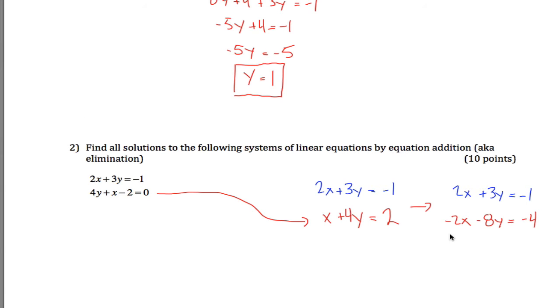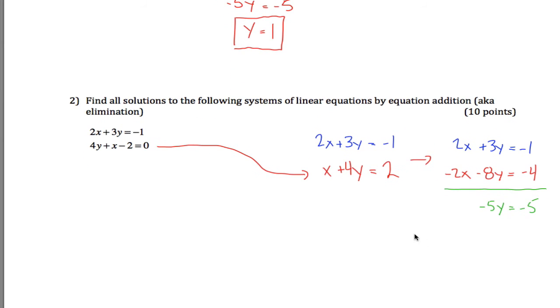Then when I add these two equations together, 2x and negative 2x cancel out. I won't be left with any x's. 3y and negative 8y gets me negative 5y. Negative 1 and negative 4 gives me negative 5. Now if I divide both sides by negative 5, I get y equals 1, which I had seen earlier.